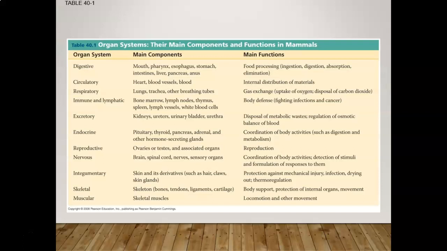It's your skin, your protection layer, skeletal system, and muscular system. I just need you guys to know what each one of those systems does. And then we're going to focus a little bit on the immune system, the nervous system, and the muscle system, because those are ones that come up in a little bit more detail on AP exams.